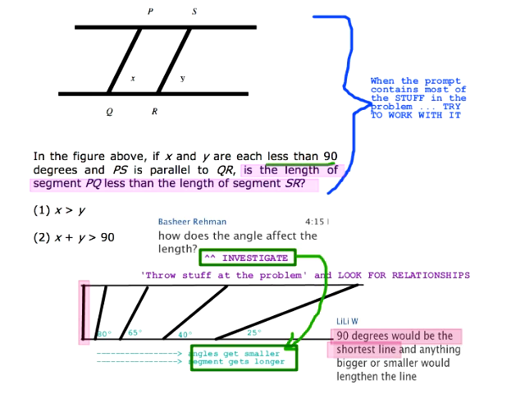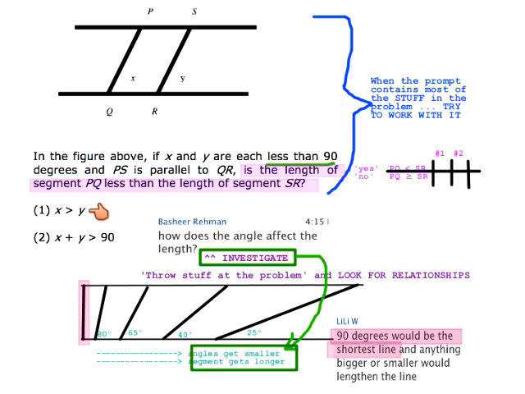The yes is that PQ would be shorter than SR. The no statement would be that PQ is not shorter than SR. Then the question is, can you make this happen for each of those two statements? You can translate it to checking off boxes, so to speak.